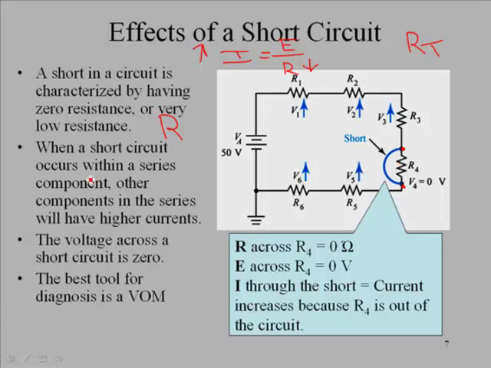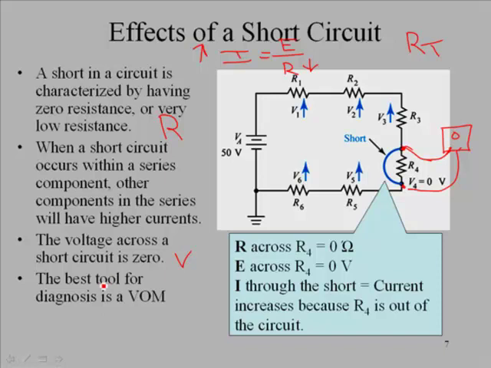When a short circuit occurs within a series component, other components in the series will have higher currents, which we just showed. The voltage across a short circuit is zero. So now this was measuring resistance. If we measure voltage and we come in here and we place our little voltmeter in the circuit and we measure from here to here, remember it is a short, we will measure 0 volts.